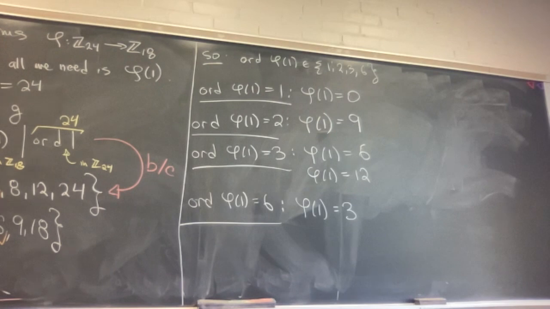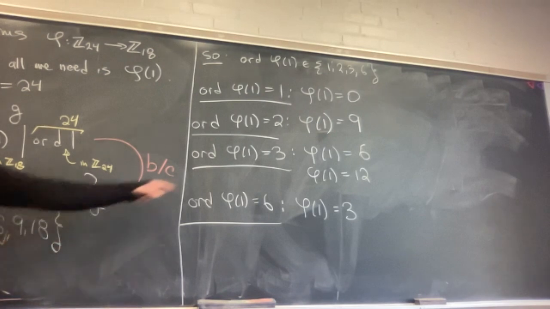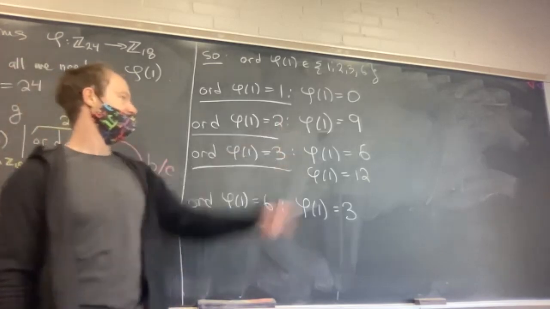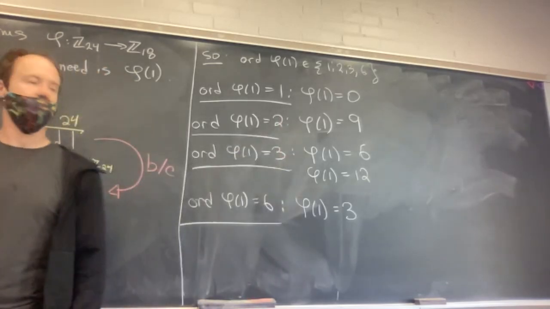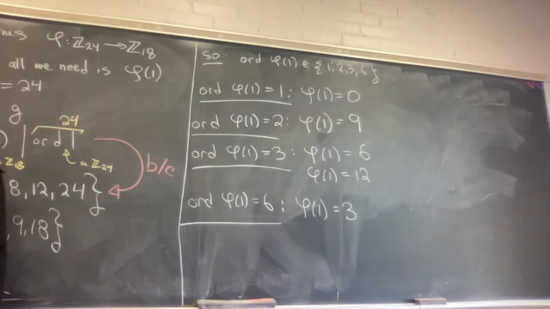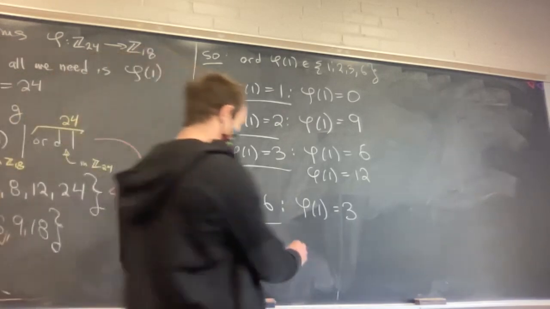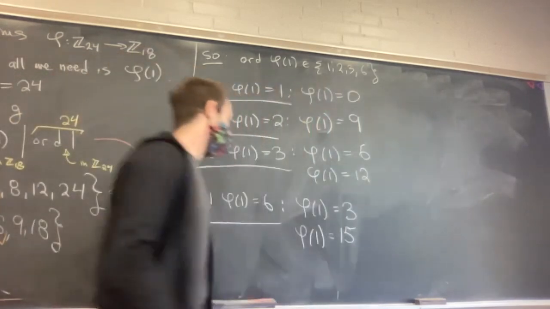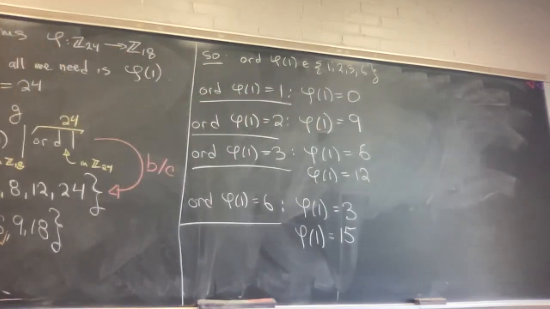Notice 3 plus 3 is 6. That doesn't work, because 6 has order 3. 3 plus 3 plus 3 is 9, which has order 2. But if you take 15, you're good. So phi of 1 equals 15 also satisfies this rule.